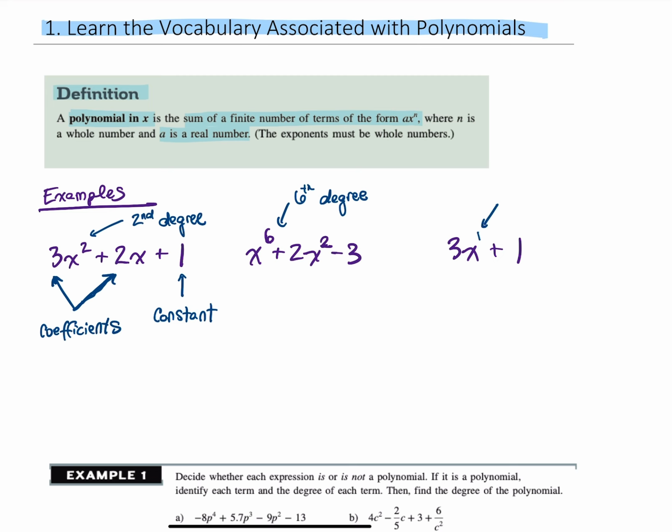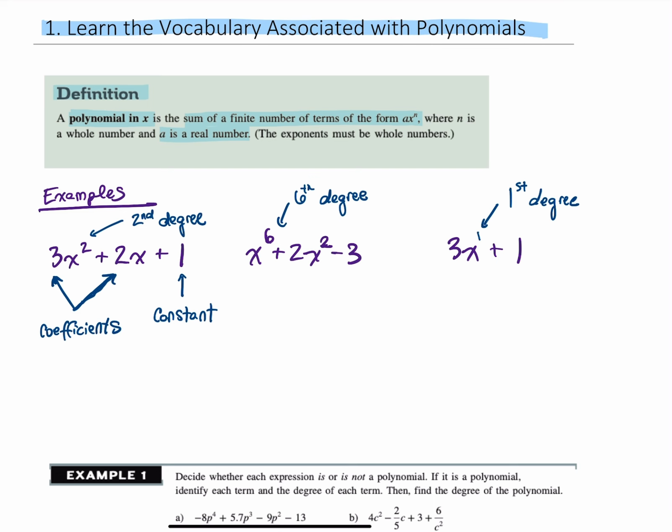You should recognize this as the equation of a line. So a linear equation is a 1st degree polynomial. So you can view it as a whole class of expressions that have this general structure. And we can work with these. We can add them together, multiply them, subtract them, divide them. So that's what we'll be exploring.